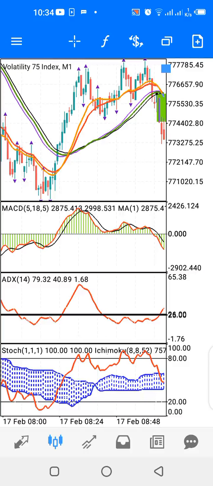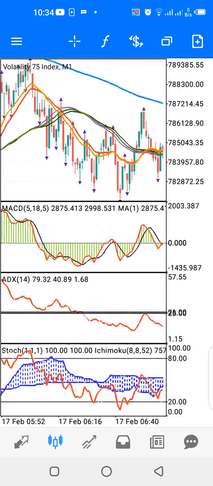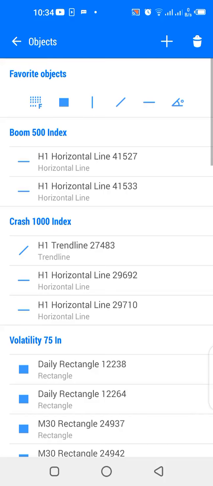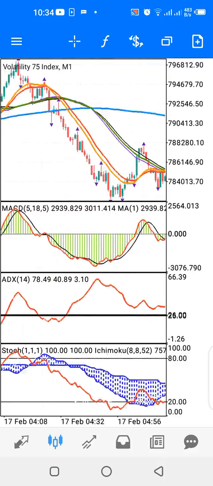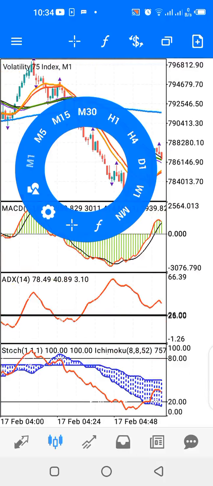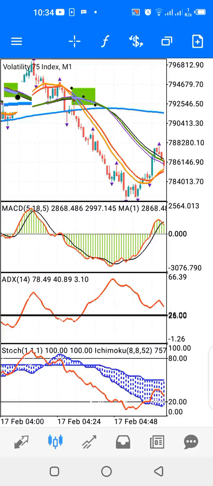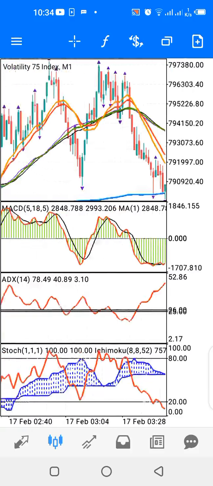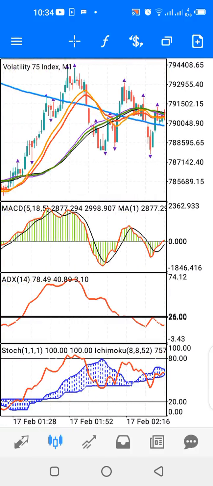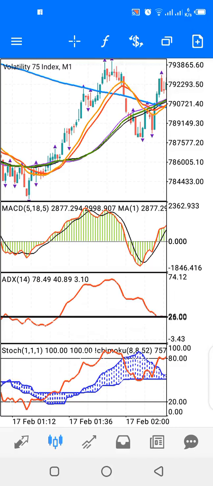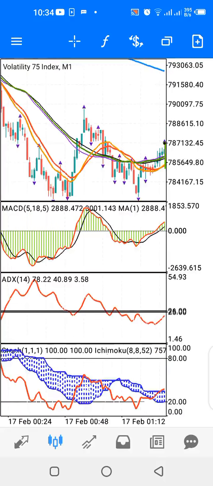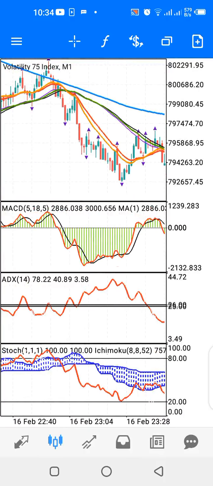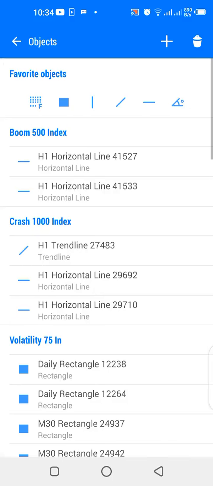Now this is a buy signal. Now this is a sell signal. This is another sell signal. This is a buy signal. But this is a sell signal.